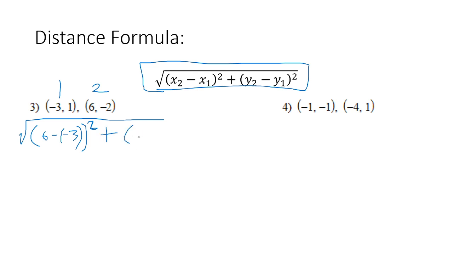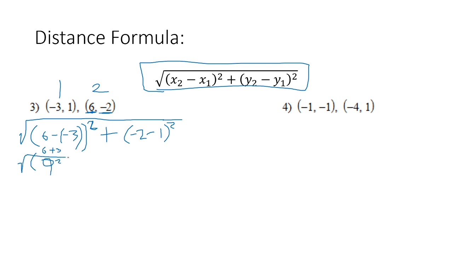Plus then y2. Alright, so this is where we have to make sure we use 6 as our x2, which means we have to use negative 2 as our y2. So negative 2 minus 1, squared. Then start simplifying. So then we have 6 minus negative 3. 6 minus negative 3 is the same as 6 plus 3. So this is just going to be 9 squared.